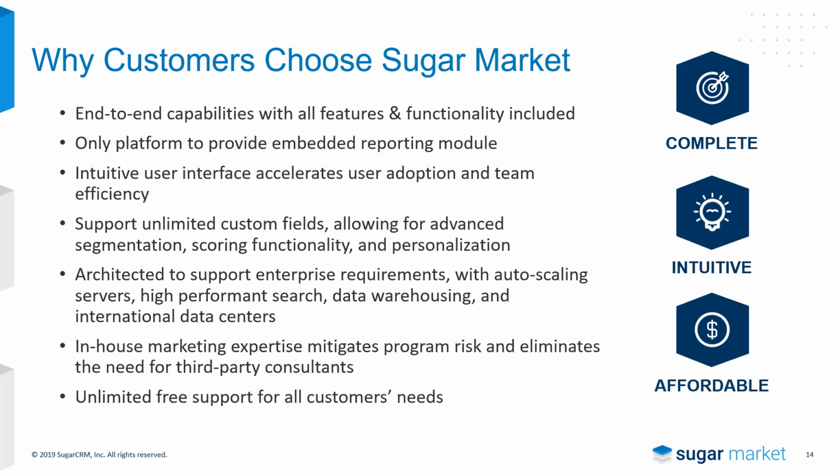From a back-end and from an infrastructure perspective, we have spent a lot of time focusing on building a highly intuitive platform that is built with enterprise requirements on the back end. So there's things like auto-scaling servers, data warehousing via Amazon Web Services, international data centers.